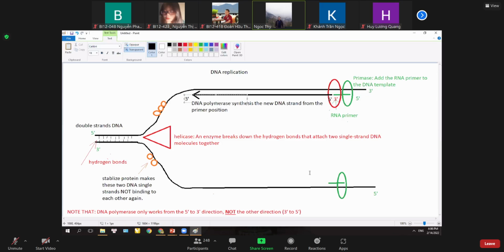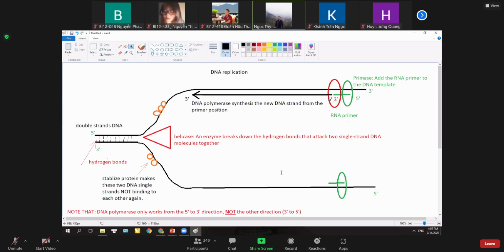And in the other strand, because the direction was totally opposite, it must start to synthesize the other way around.